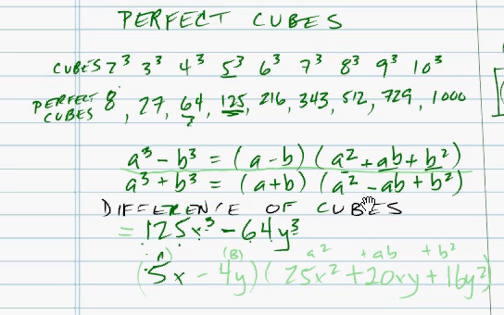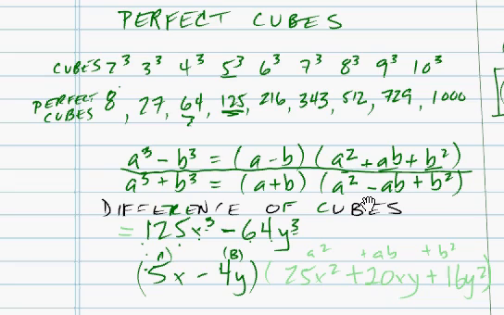So that'll be 5x minus 64y cubed. That would be 4y. Put that in parentheses.